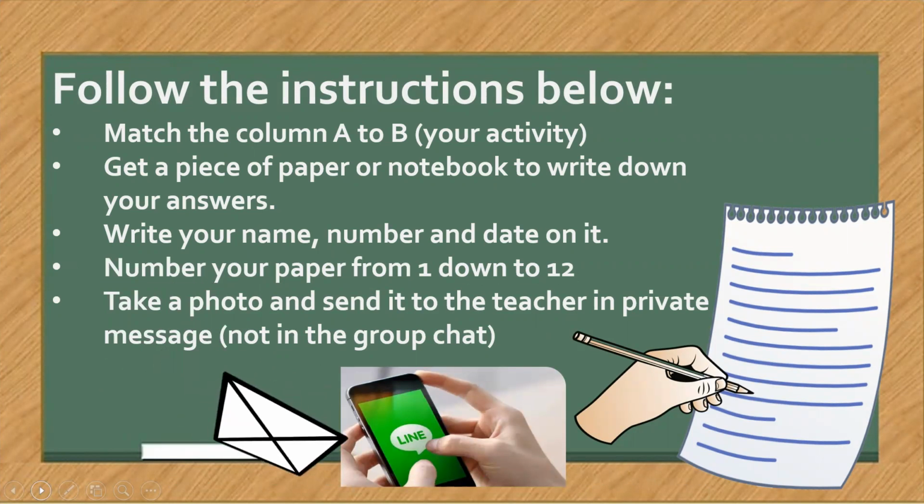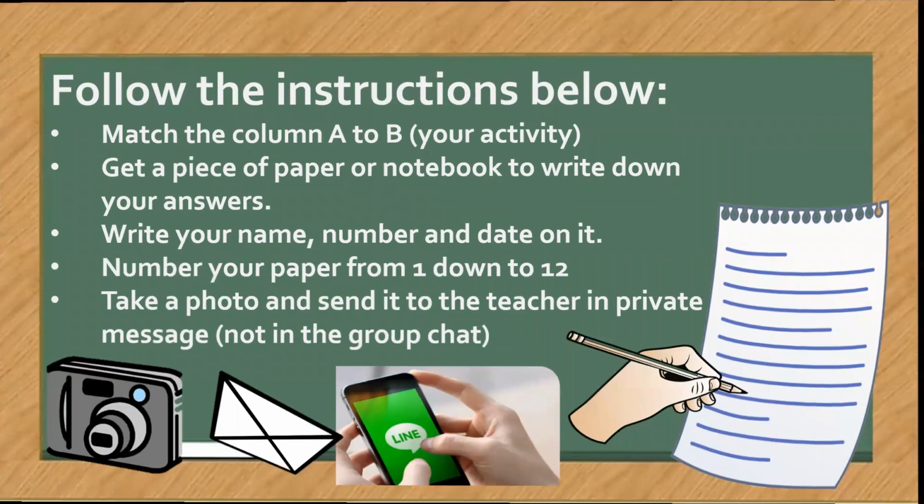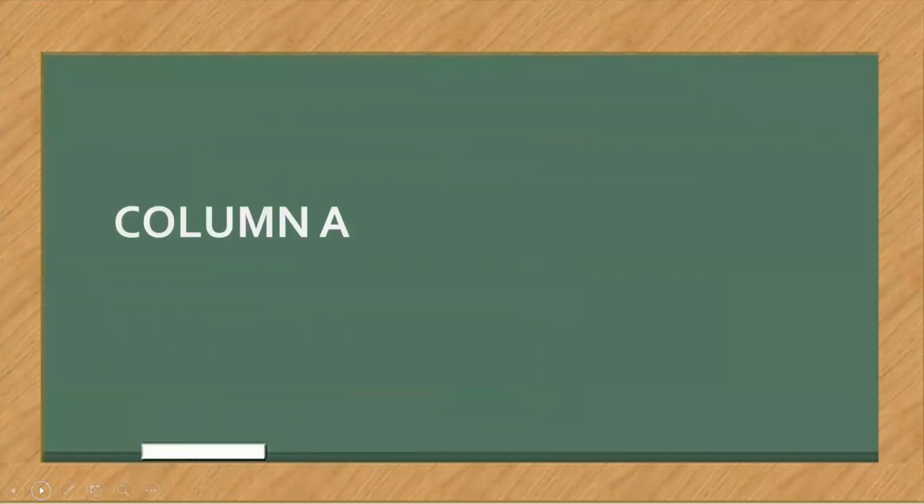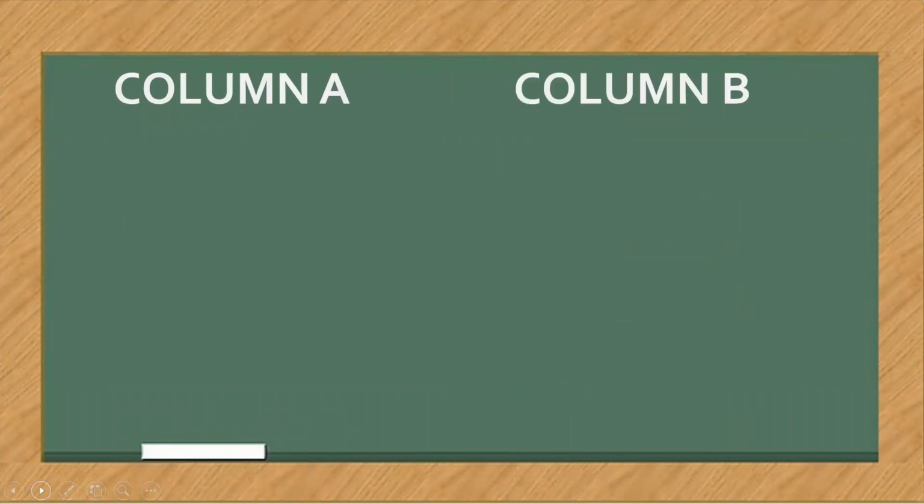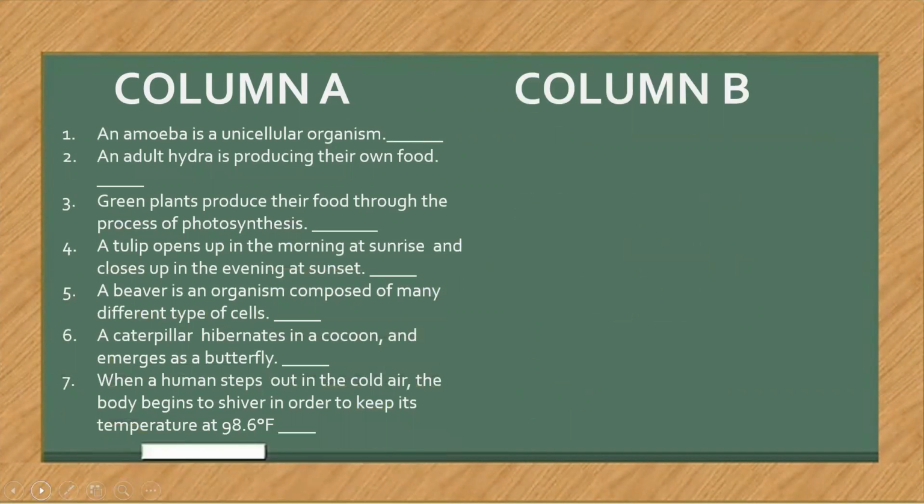All right. Are you ready? Let's begin. Column A and column B. Let me read the column A. Number 1. An amoeba is a unicellular organism. An adult hydra is producing their own food. Green plants produce their food through the process of photosynthesis.